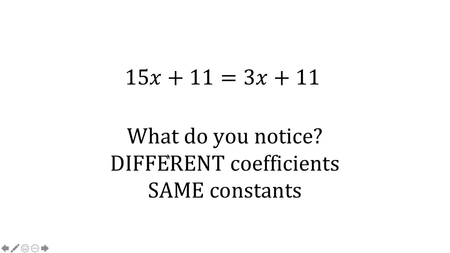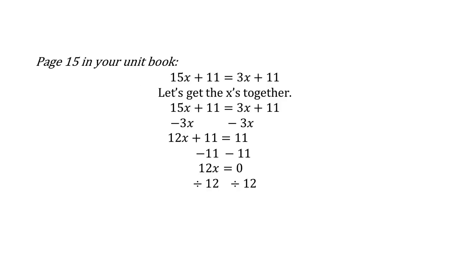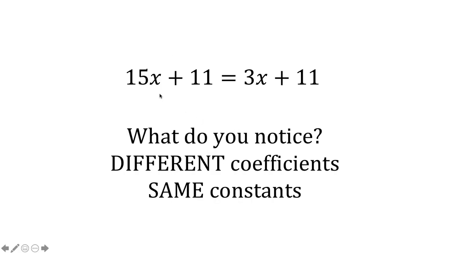It works. So let's look at this equation here that we had in that example. It was 15x plus 11 equals 3x plus 11. If you look at that equation, what do you notice? I've got the same constants on both sides here, 11 and 11. 15x and 3x, those are different coefficients. So when you have an equation with different coefficients on both sides and the same constants on both sides, then you'll have x equals 0.